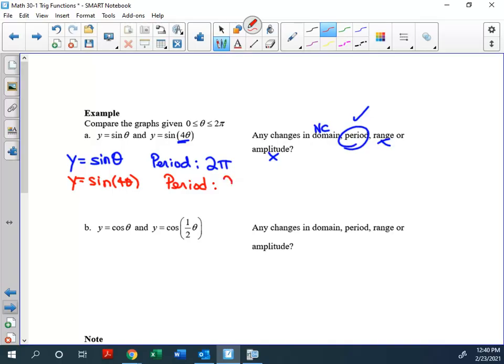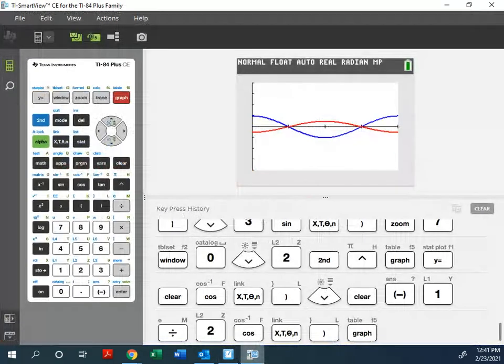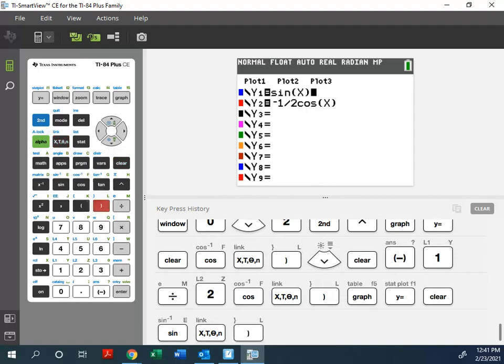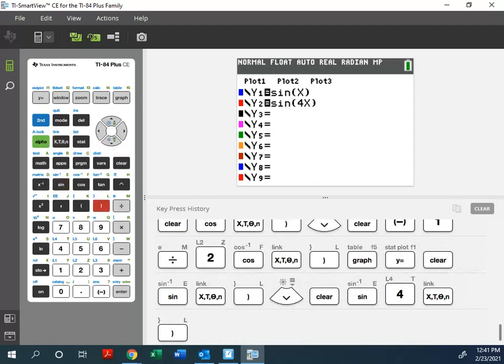Well, I'm going to take the original period, multiply it by the stretch, and reduce my fraction. I'm just applying the stretch in the same way that I always would have. Does that make sense? So I went from a period of 2π to a period of π/2. Let's check. So we have sine x and we have sine 4x.